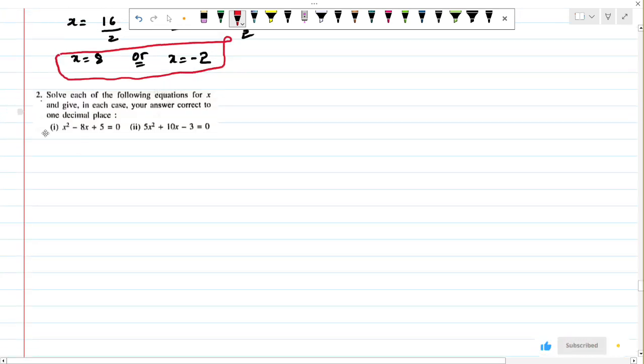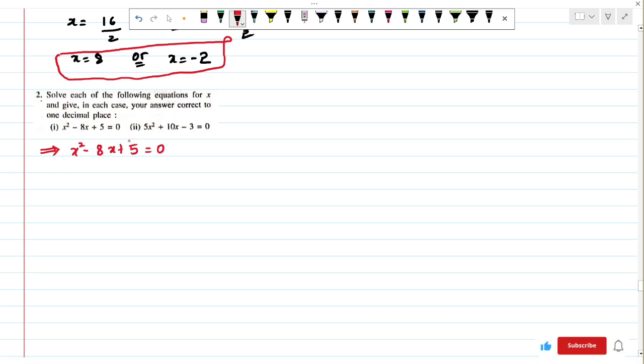Second question. Solve each of the following equations for x and give in each case your correct answer to one decimal place. So we have to write the equation first, that is x square minus 8x plus 5 is equal to 0. So how to simplify this?